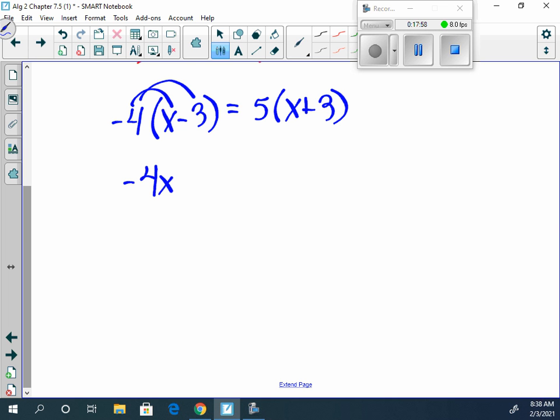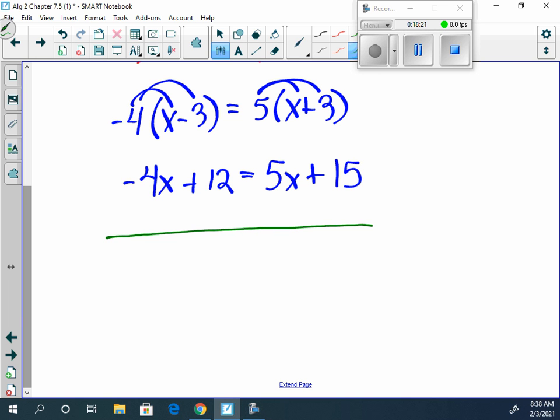Negative 4 times x would be negative 4x. Negative 4 times negative 3 would be plus 12, yes. Here you go. And now what? Right, we can add 4x to both sides, yes. 4x to 5x, those would cancel.